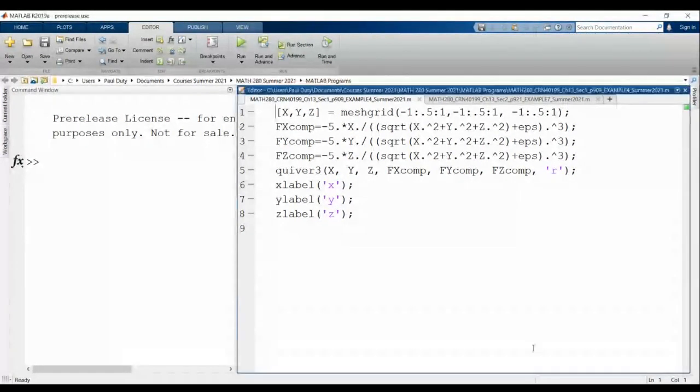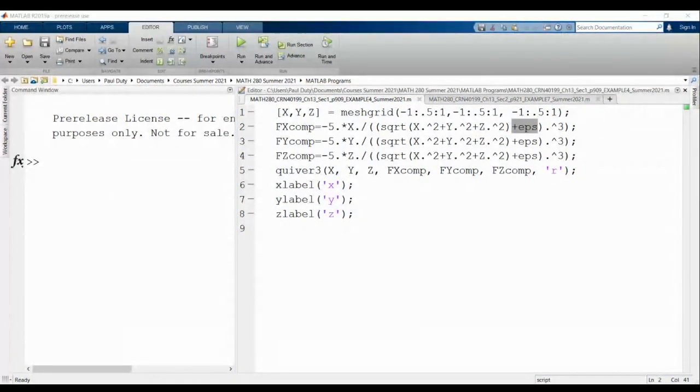If I look at this program, you notice I have something called a plus eps there. What that means is I'm adding a very tiny value to my square root in the denominator. Why would I need to do that?